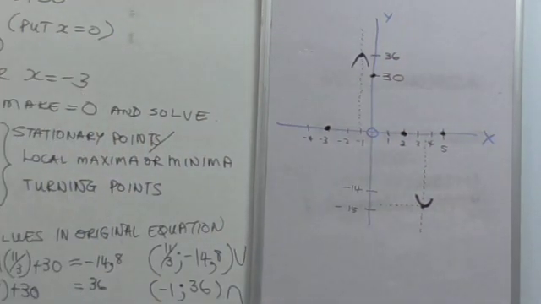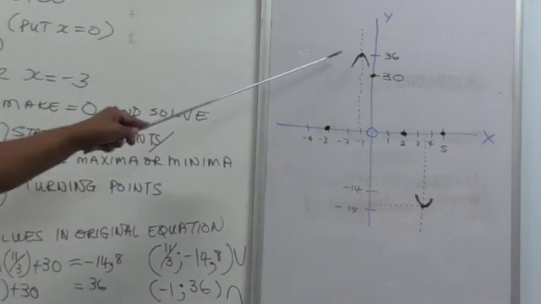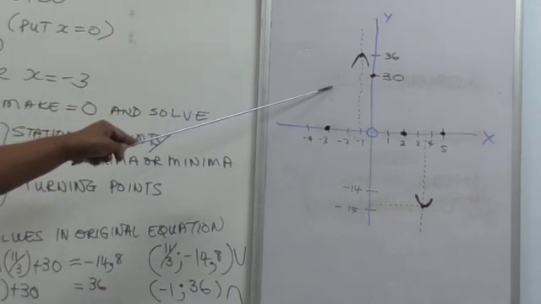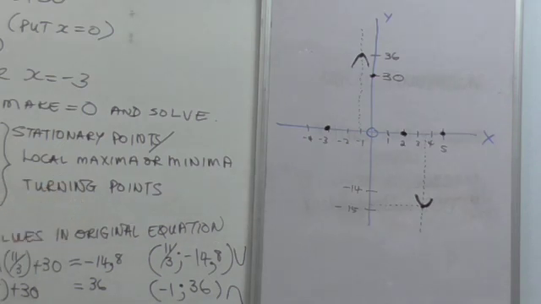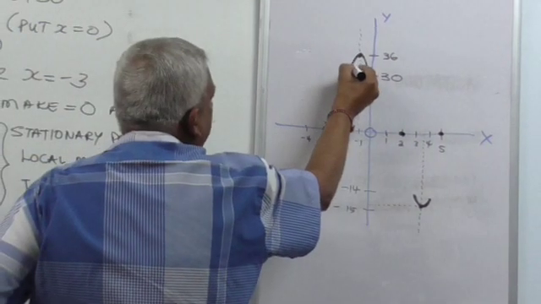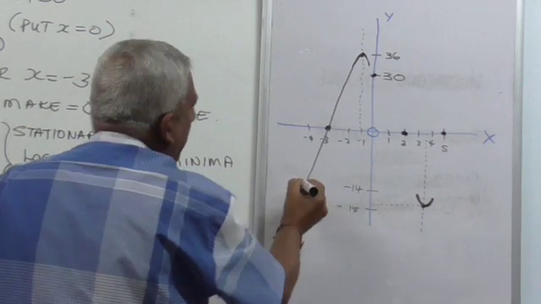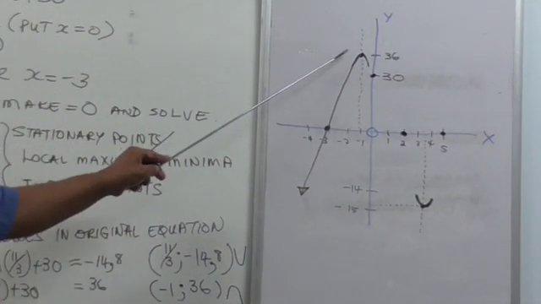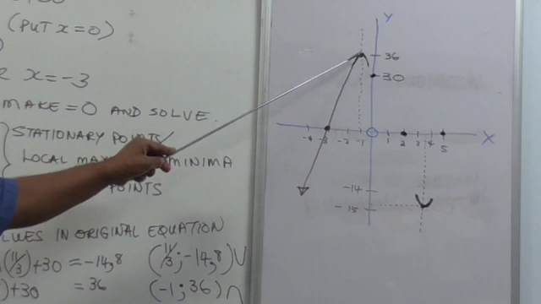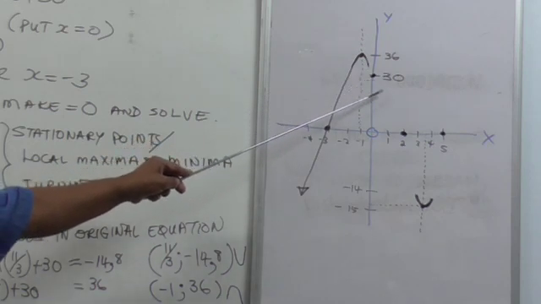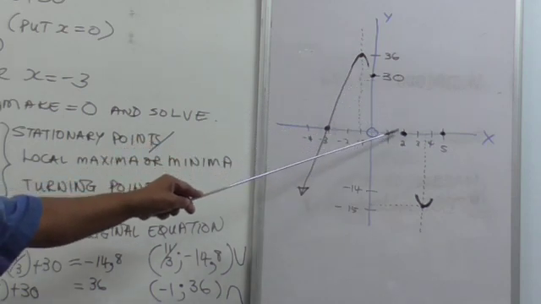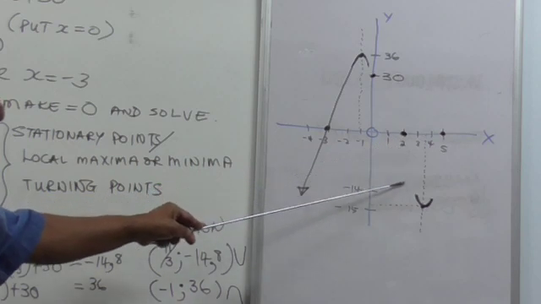Now it's very easy for us. If the graph turns there like that, then clearly you must come down this way. So we can finish that part. Then from there, you'll come down. Now from there, the graph must go down through 30. Then it must go through 2. Then it must go down.